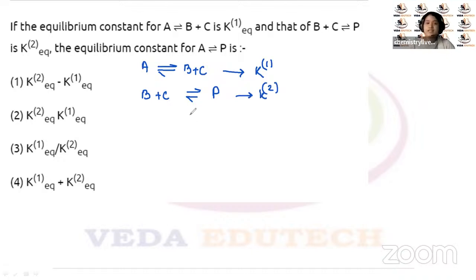Now we are being asked the equilibrium constant for A to P. How are we going to get A to P? Let us see. What can we do to both of these that we get A to P? Can I say if we add both the reactions? Yes. So adding equation 1 and 2.